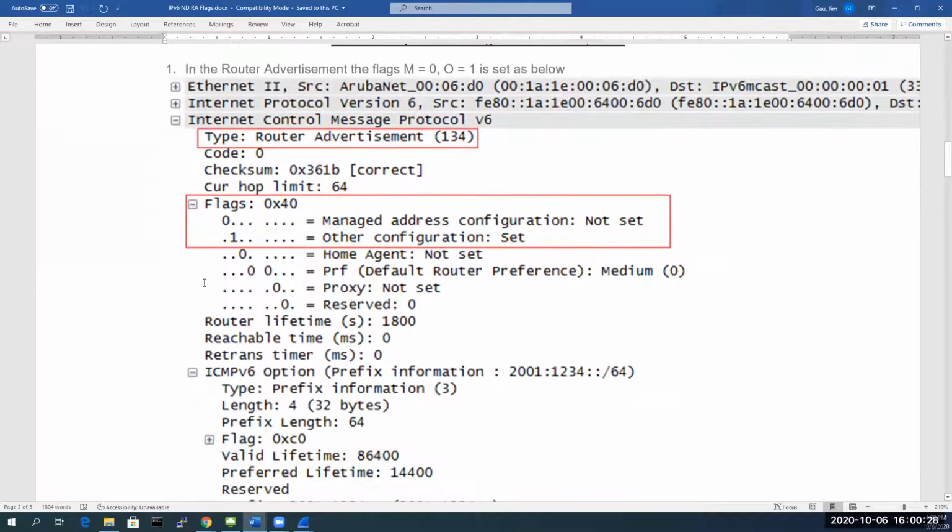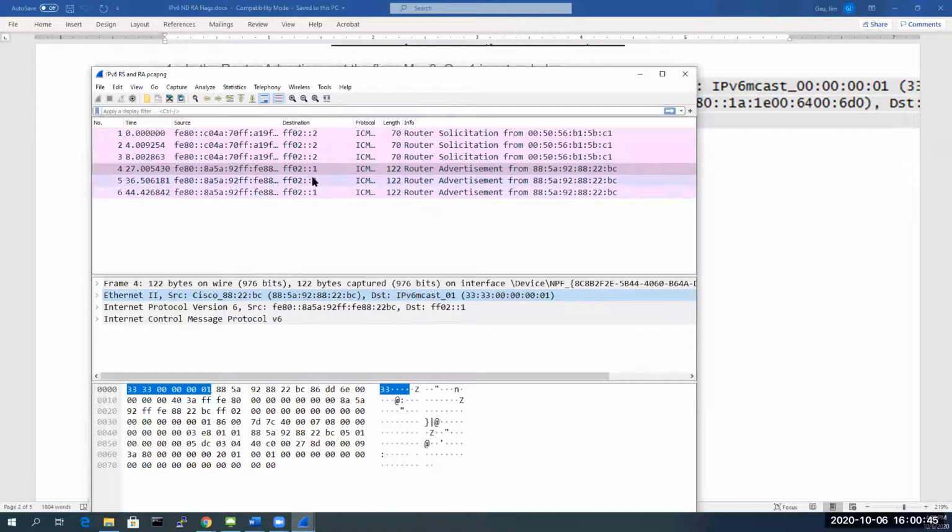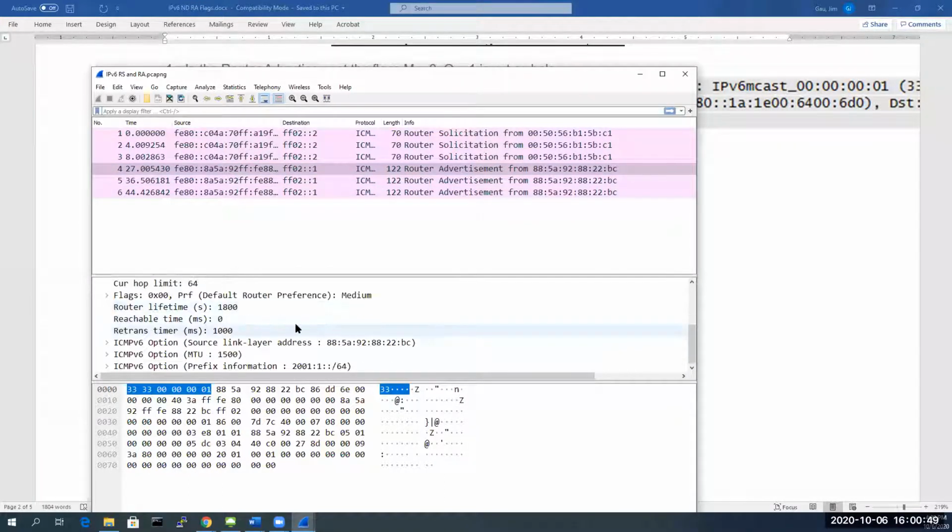And this is the packet of those flags. Let me show you the router advertisement packet that we have in here, the one that we just saw. Let me move it back. And you can see that this is a router advertisement. And if you open it up, you will see there's a flag in here.